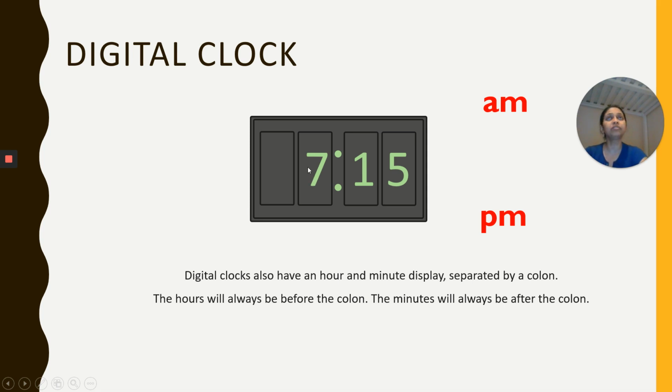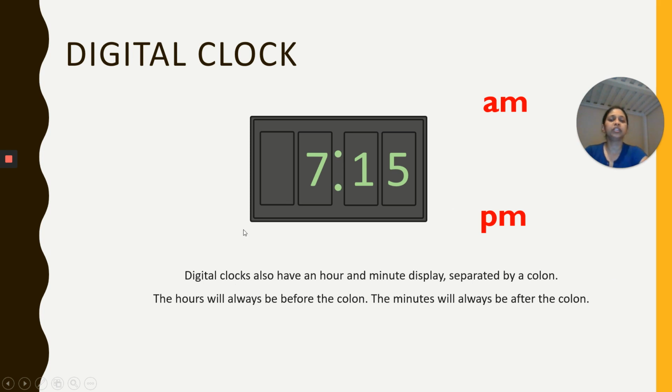For a 12-hour digital clock, your numbers will go up to 12 on this side. So these numbers on this side will be your hours, and this side will be your minutes. These two dots over here are called a colon.